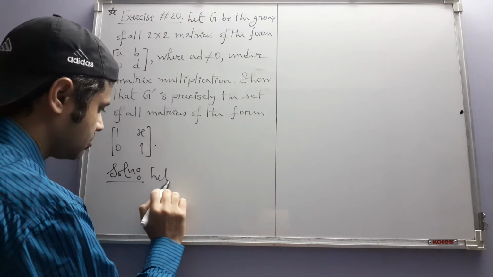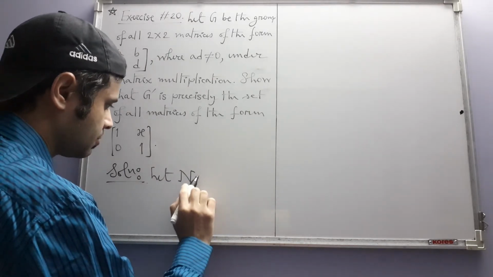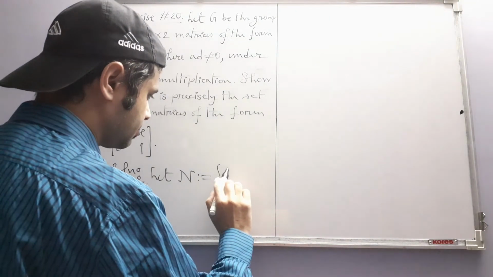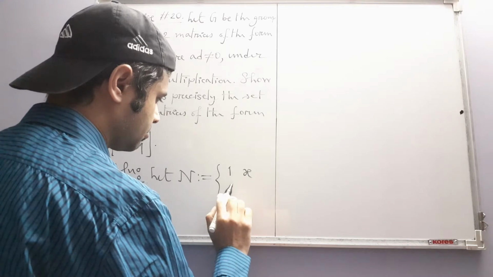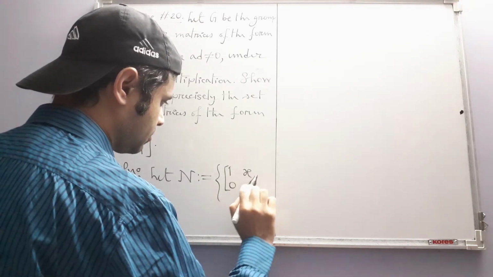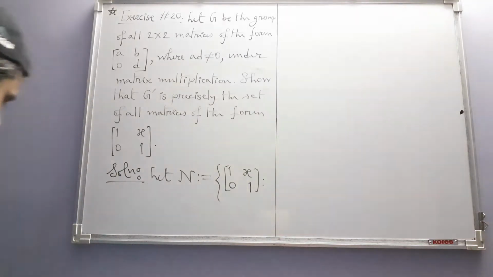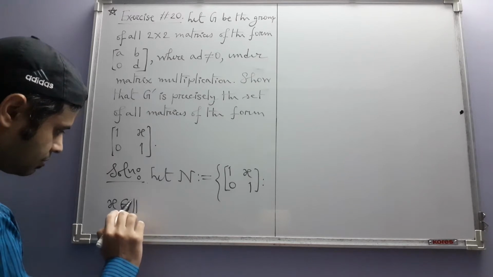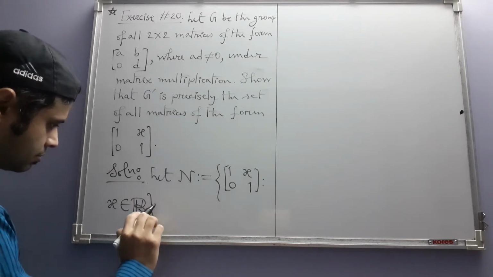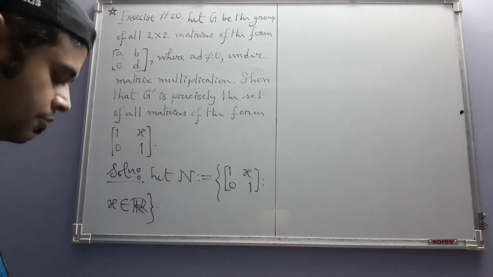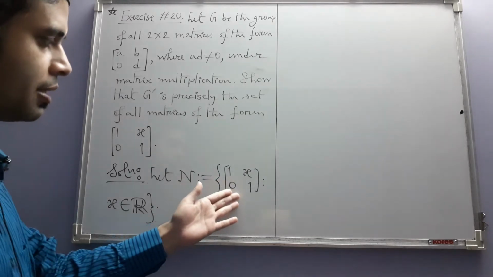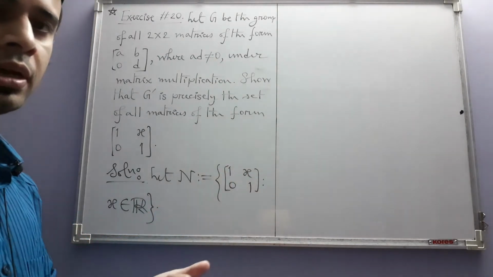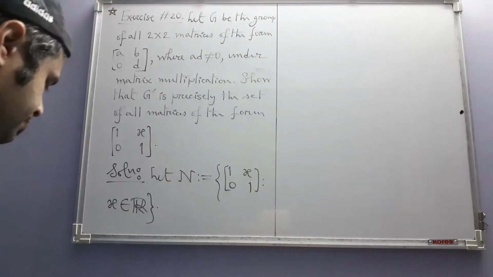Let N be the set of matrices of this form where X is any real number. Note that these matrices are already non-singular because each one of them has determinant equal to 1.